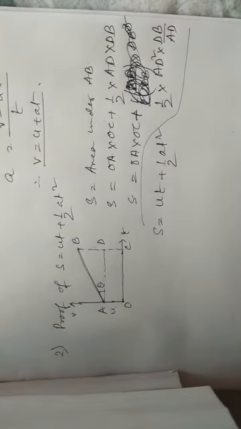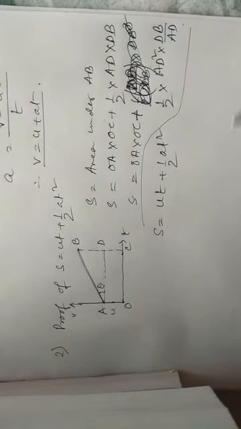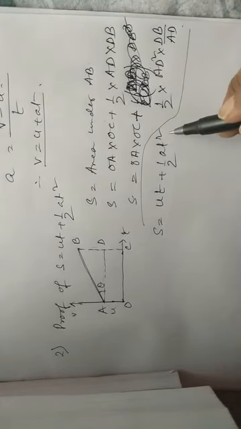So we have to multiply AD as the numerator and denominator, AT square. So S is equal to UT plus half AT square.